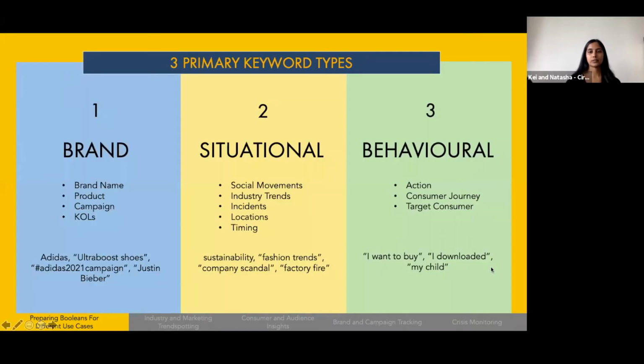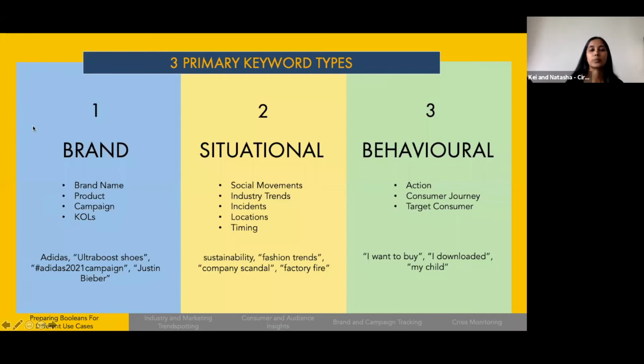So as a summary as well, we've gone through a few different types of keywords. So Kay has taken you through an exercise involving coming up with a Boolean for Valentine's Day. And I showed you how to gather keywords for COVID-19 related content. So we've also summarized the 3 primary keyword types that you may want to include in your Booleans. So the first one is your brand keywords.